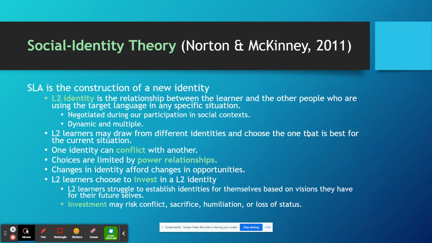Second language learners struggle to establish identities for themselves based on these visions they have. So they have this vision of their future self. If they can imagine a future self that they find motivating, then they will choose to invest, that's Norton's term, invest in making that vision into a reality.